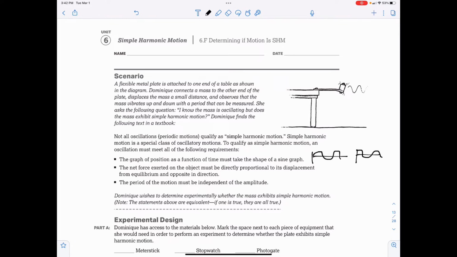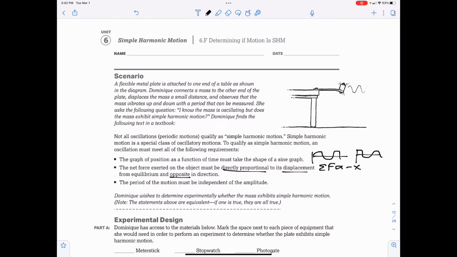Some sinusoidal graph. Number 2, the net force exerted on the object must be directly proportional to but opposite to displacement. And thus, the acceleration must be directly proportional to but opposite to displacement.